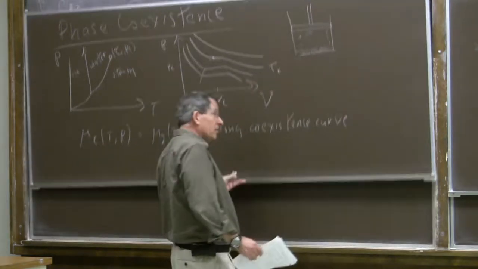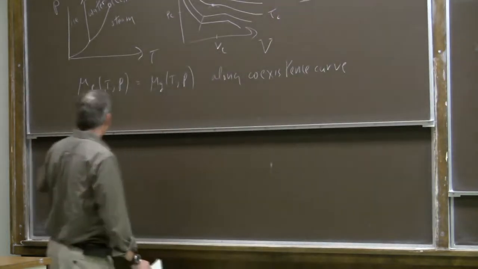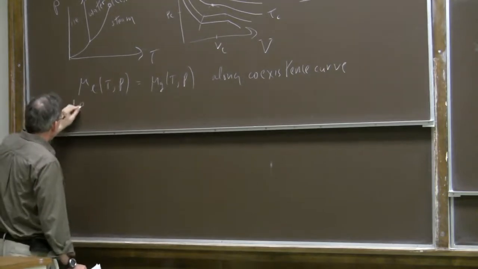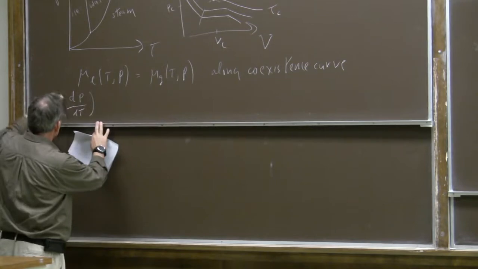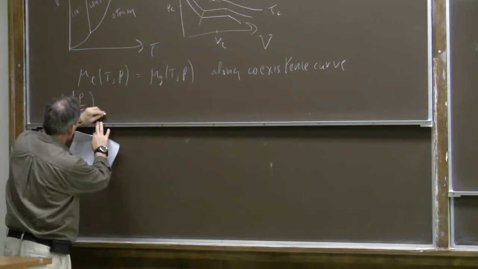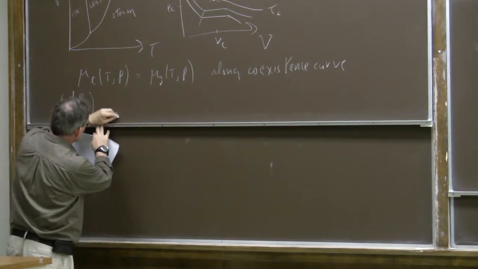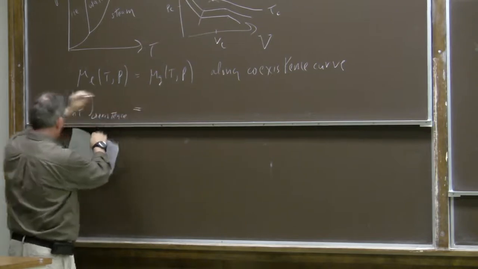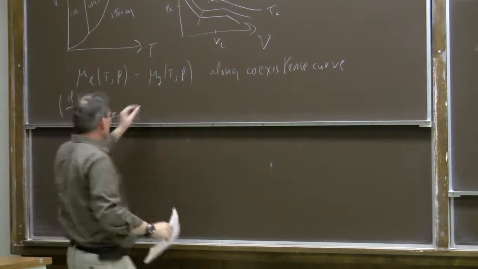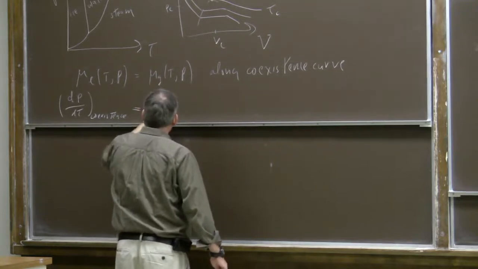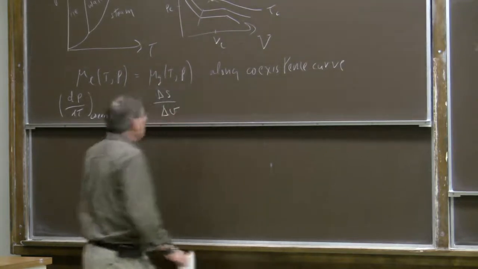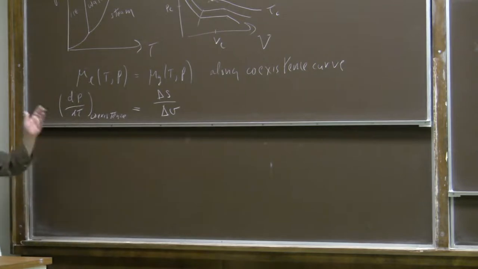And from that we derived an expression for the slope of the coexistence curve as a ratio of the discontinuity in entropy to the discontinuity in volume across the curve at coexistence.